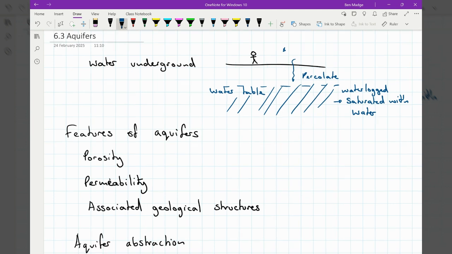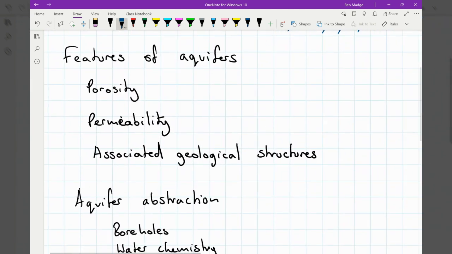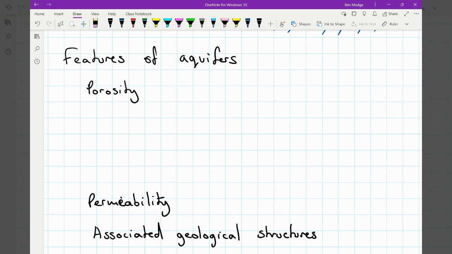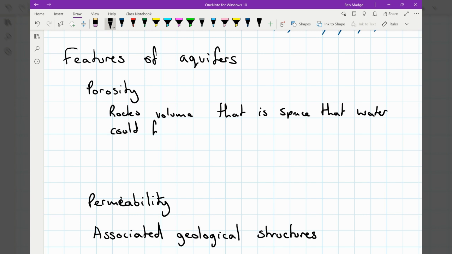Okay, so the features of an aquifer, we have porosity. So this is a measure of the proportion of the rock's volume that is space that water could fill.